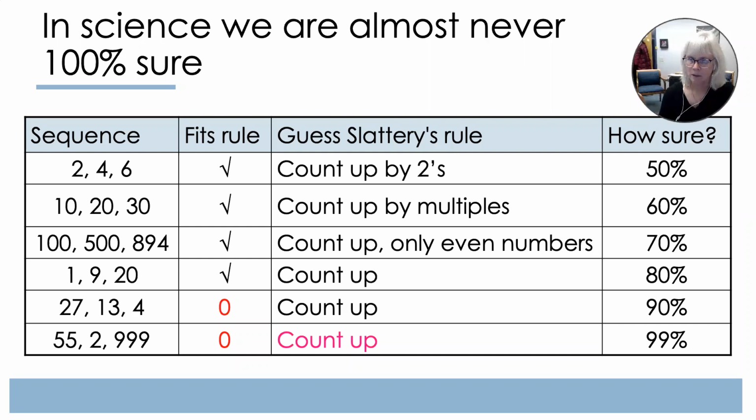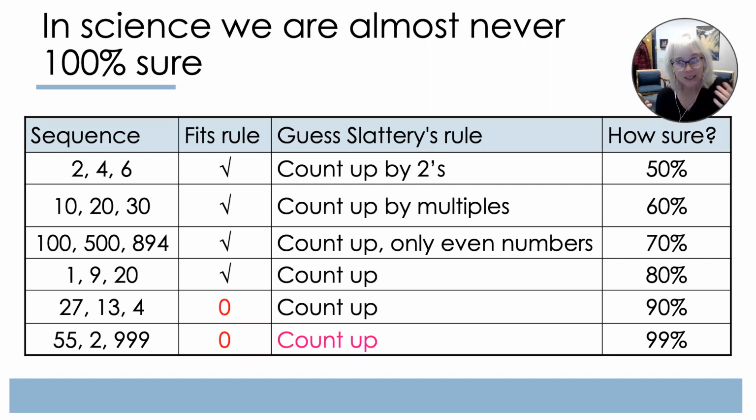So we're gathering different studies together. And then, lo and behold, 1, 9, and 20 still work, which means that maybe we need something different. Maybe just counting up works. So we test it. Let's try something different. 27, 13, 4. Does that work? And it doesn't.